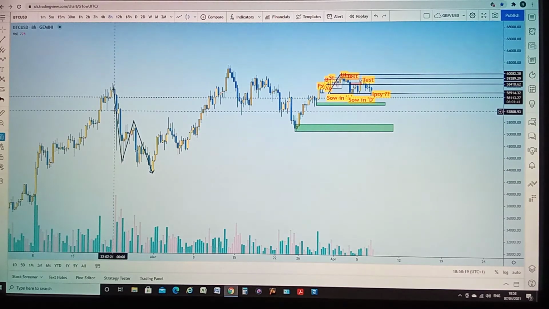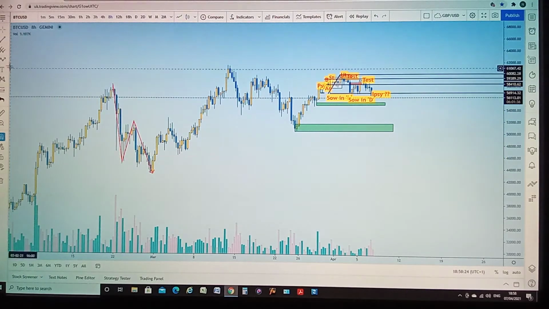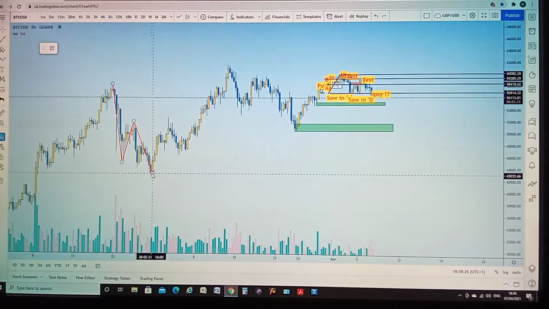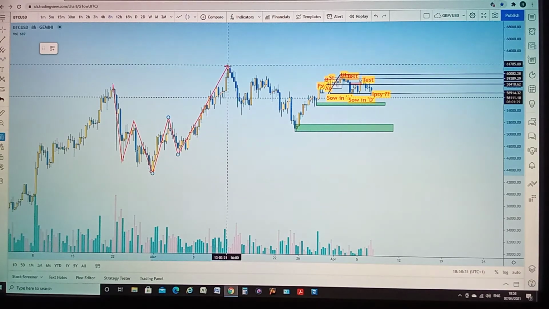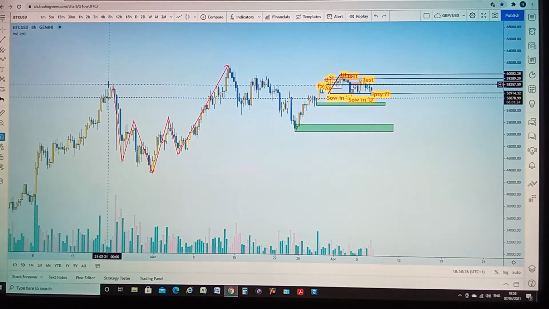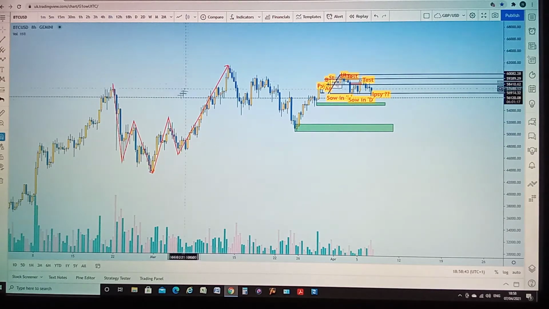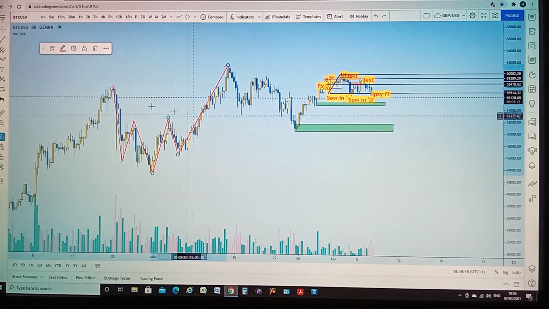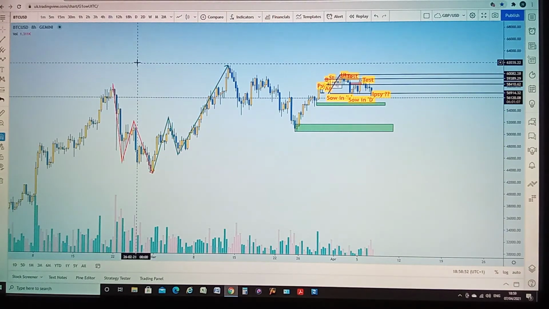Okay, I'm going to pop them in red. Then we have 3 waves to the upside. Okay, now if you recall, this passes the start of wave A. So this here is wave A to the downside. This here now is wave B to the upside. And this all forms part of an expanded flat.